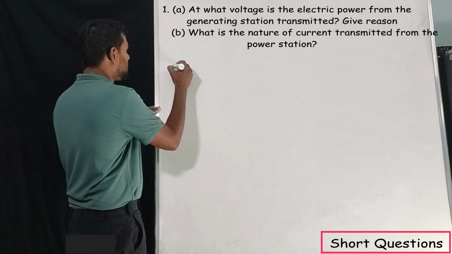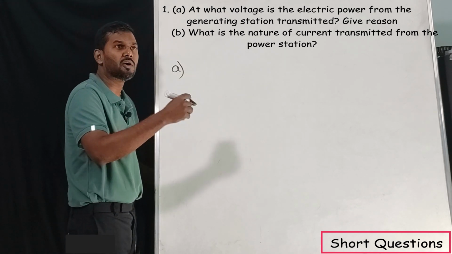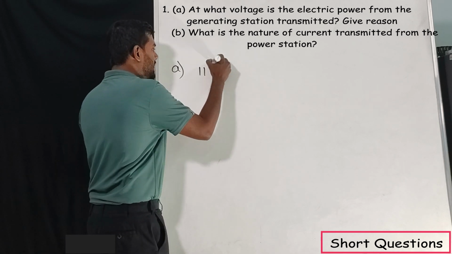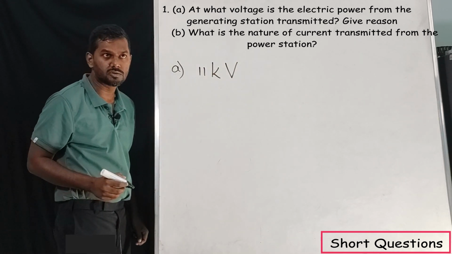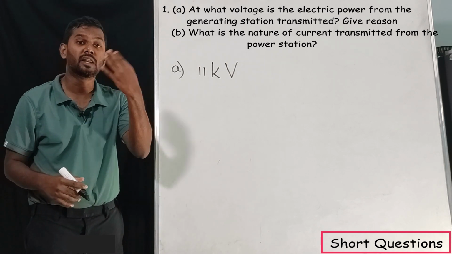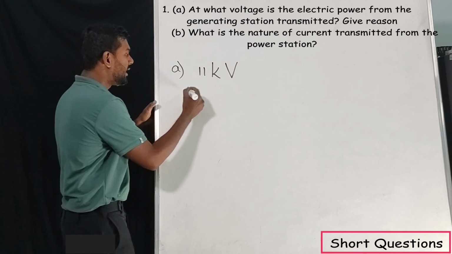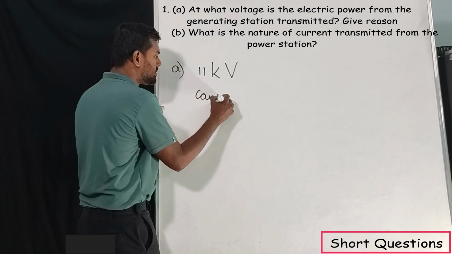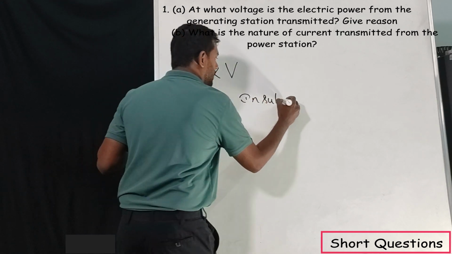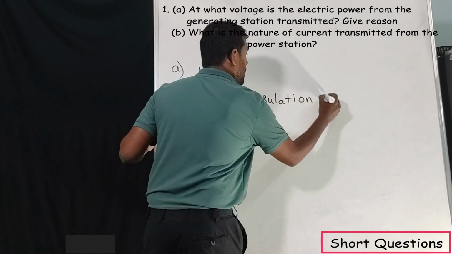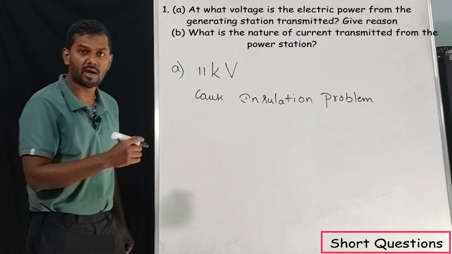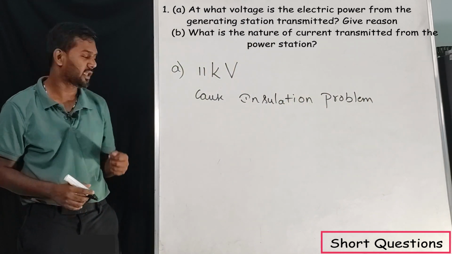In the first sub question, at what voltage are we transmitting the power? That is 11 kilovolts. And they are asking the reason why we cannot generate more than 11 kV. It will cause an insulation problem. This is the reason why we cannot generate more than 11 kV.